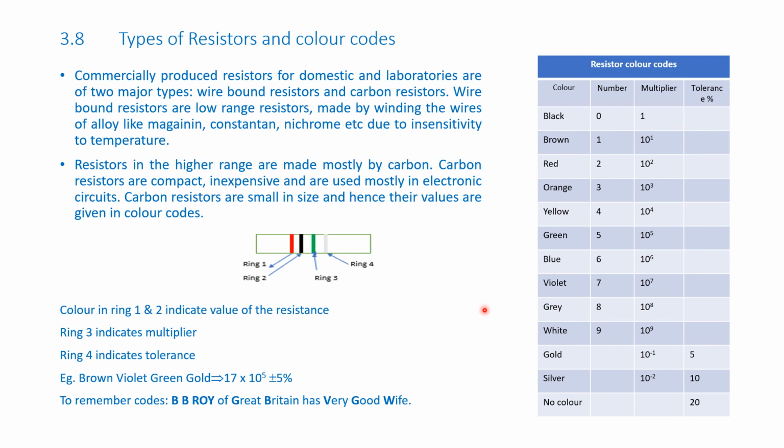To remember these codes, we can use a sentence: B.B. Roy of Great Britain has very good wife. The first color is B, black, second is brown, third is red, fourth is orange, fifth is yellow, and the next G is green, and the next B is blue.